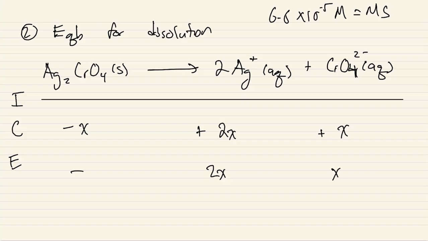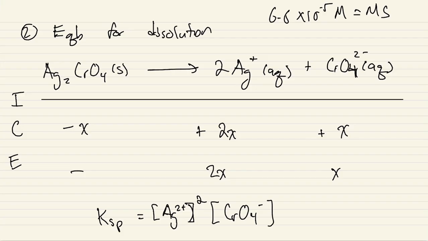So we have 2x and then x. Then Ksp is equal to [Ag+] squared times [CrO4 2-], which is (2x) squared times x.